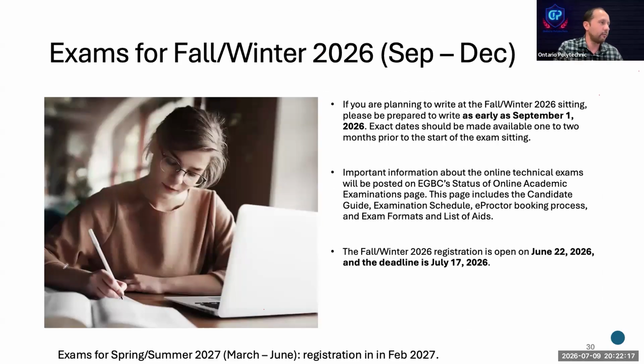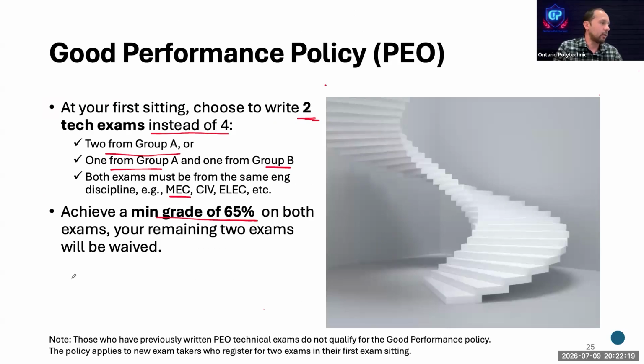They will waive the second 2 exams. So instead of 4, you are good to go with 2, which really helps you save time and also get your license much faster. And if you already took the exam, this does not apply to you. This is only for people who are sitting for the technical exam for the first time in this semester.